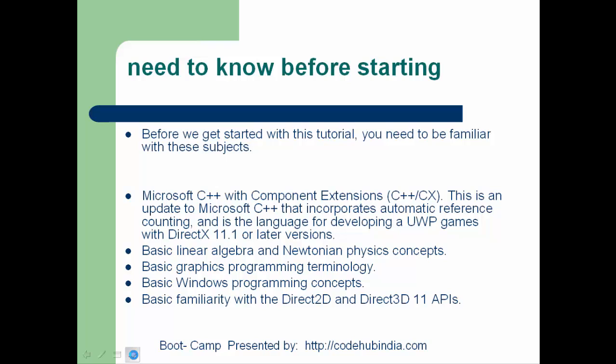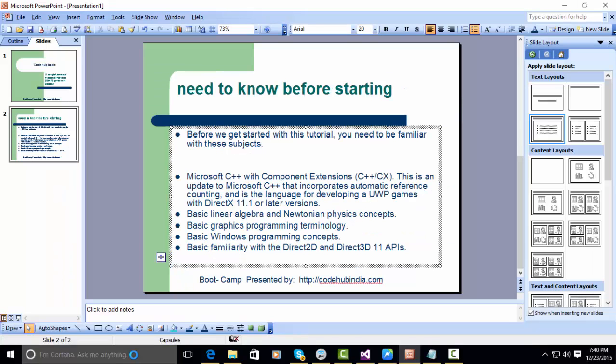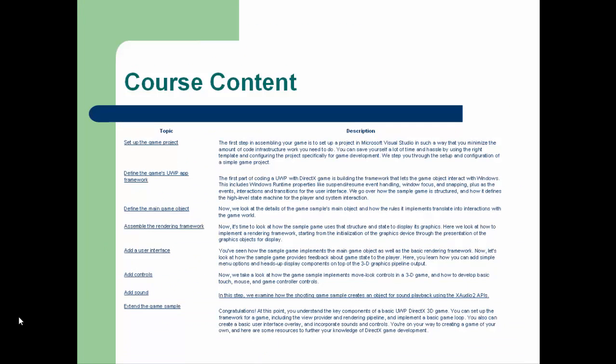Basic linear algebra and Newtonian physics concepts. Basic graphics programming terminology. Basic Windows programming concepts. Basic familiarity with the Direct2D and Direct3D 11 APIs, which will be explained in the Bootcamp course in detail.